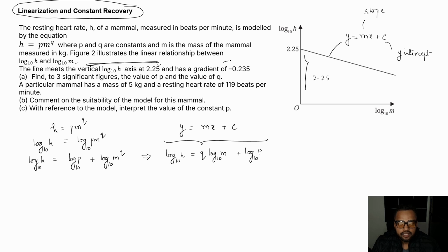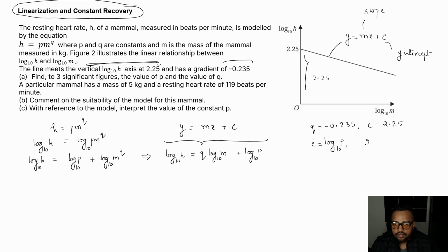Okay, gradient they have also mentioned, that is negative 0.235. So we can say that q is equal to negative 0.235 and c is equal to 2.25. So on comparing these two equations here, we can see that c will be equal to log of p base 10.